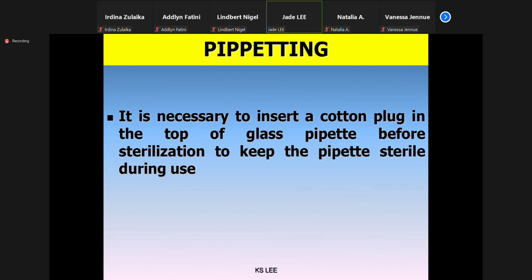When you use it, you may remove the cotton plug, or you can just put it right into the pipette gun and then aspirate your media.